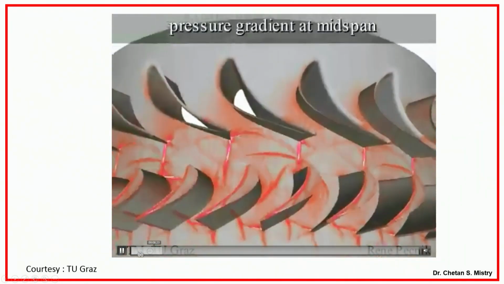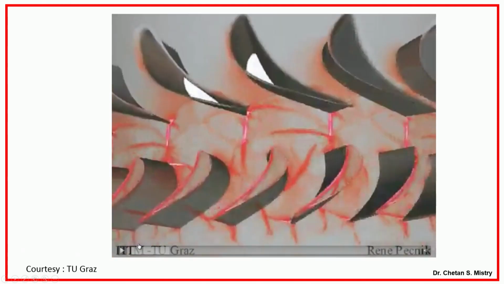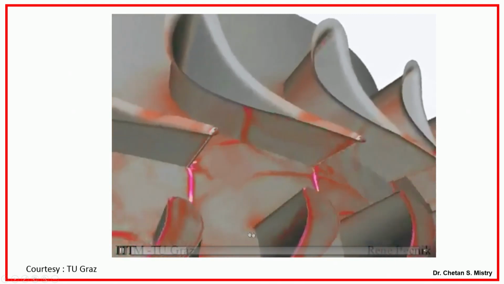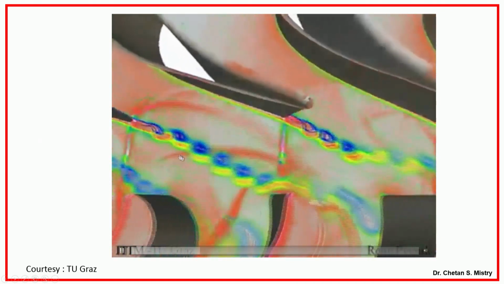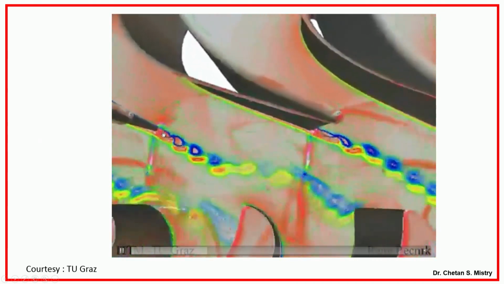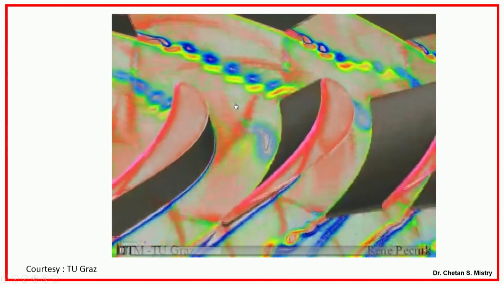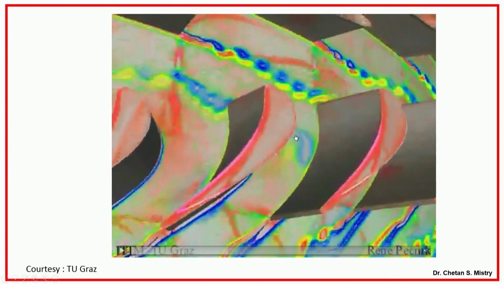If you try to understand what is happening, this is what we were discussing. This is my rotor, which is moving downward. Here we have the stator, with two different colors, and we will have Karman vortex streets, which strike here and move down in this direction.